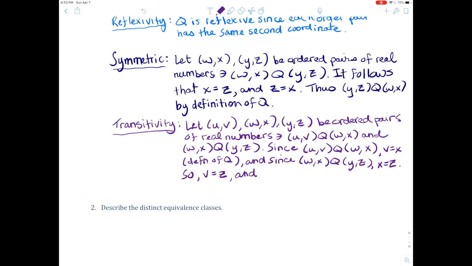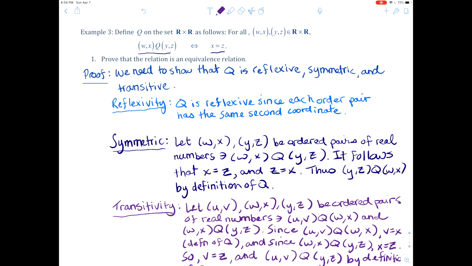And what will we have from v equaling z? We'll have (u, v) Q (y, z) by definition of Q, and that's going the other direction in this statement. That's starting here, right?